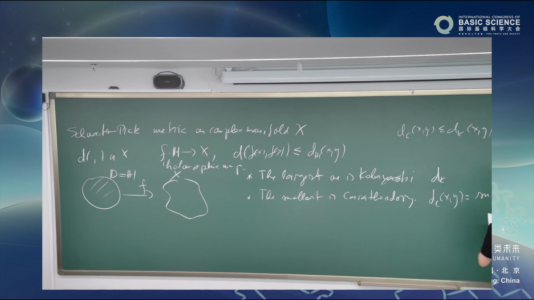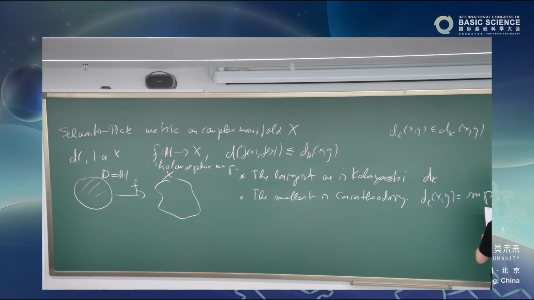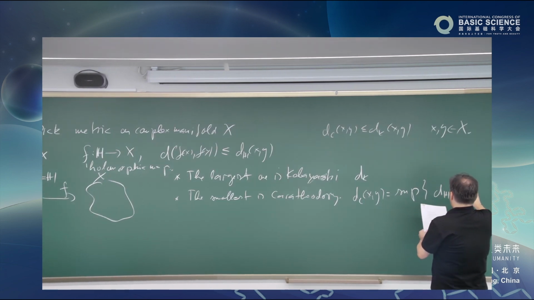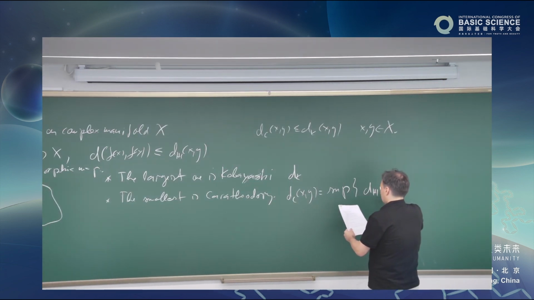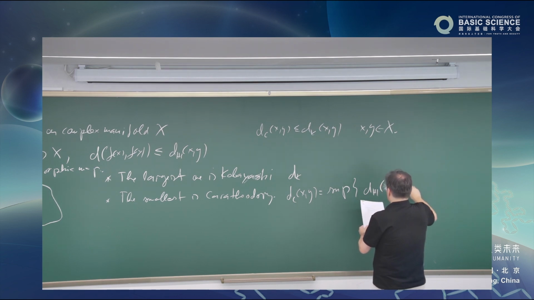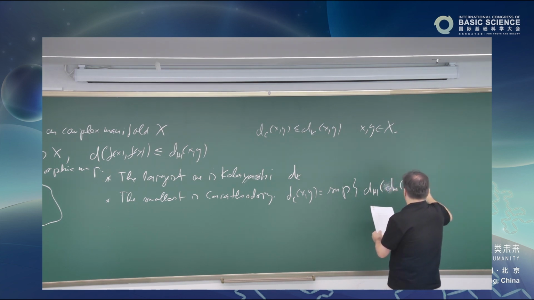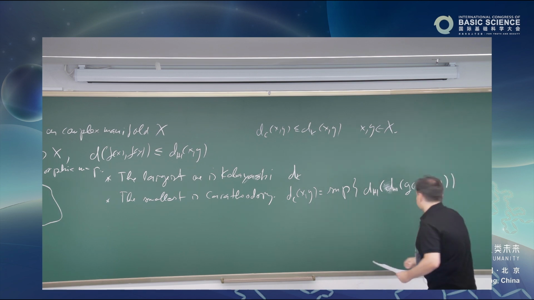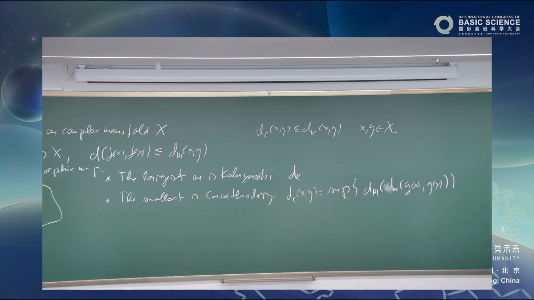It is that d_C of x, y is the supremum of d_H, the hyperbolic distance, but now it's going to be g of x, g of y. Sorry, I have too many d's.